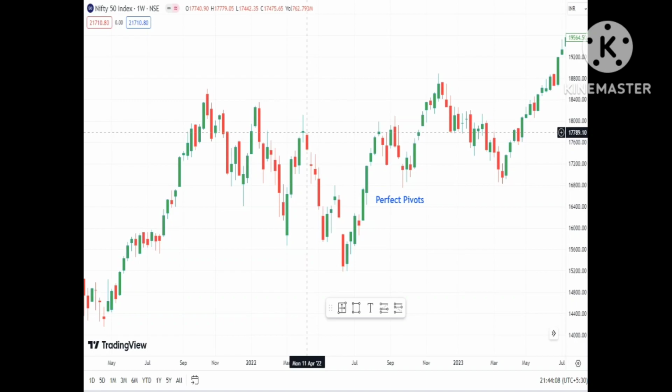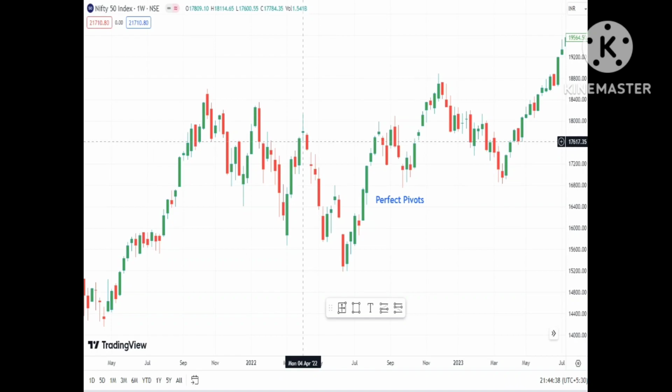And look at the lows of this candle. The low of the main middle pivot candle is higher than the low of the first and the third candle. When both these conditions are formed, this is when we say that it's a perfect pivot.